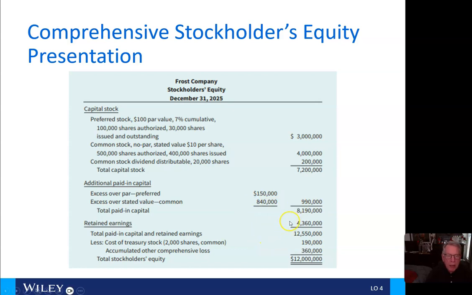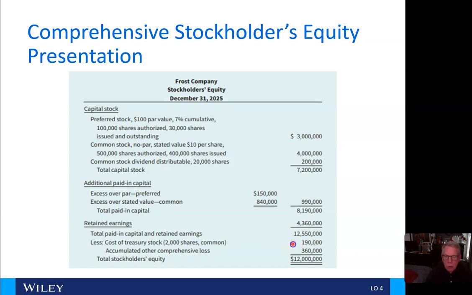And so our total paid in capital is the sum of these, $7.2 million and $990,000, or $8,190,000. Retained earnings, $4,360,000, and the total paid in capital and retained earnings, $12,550,000.